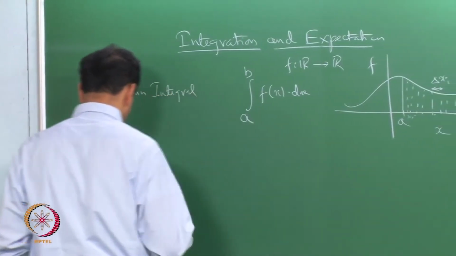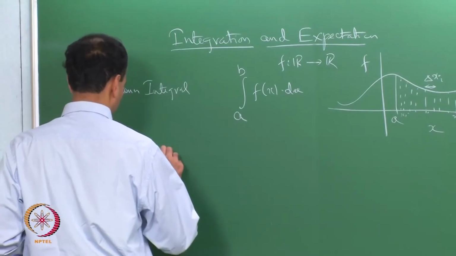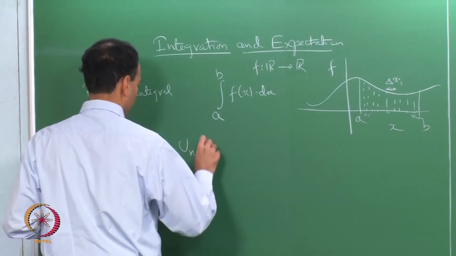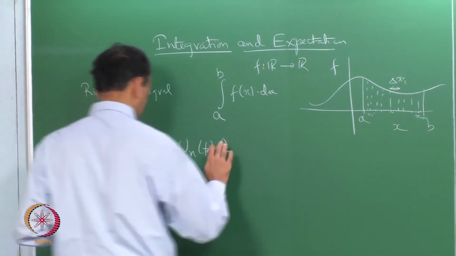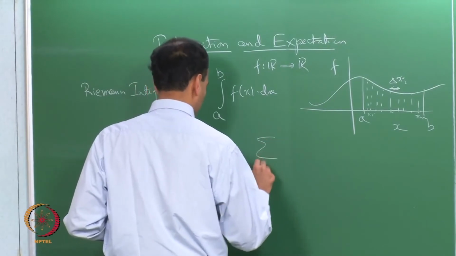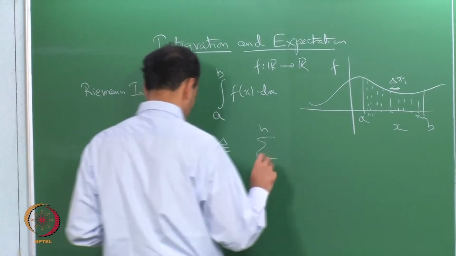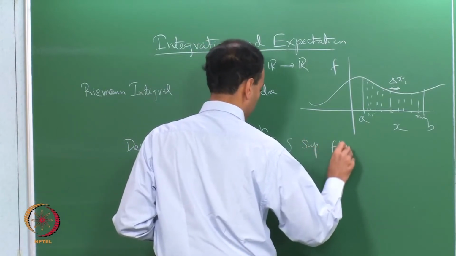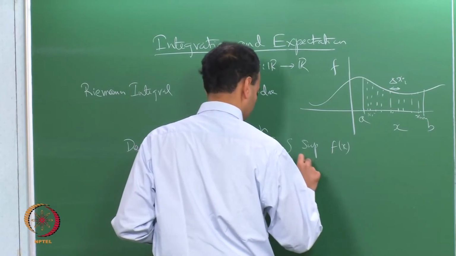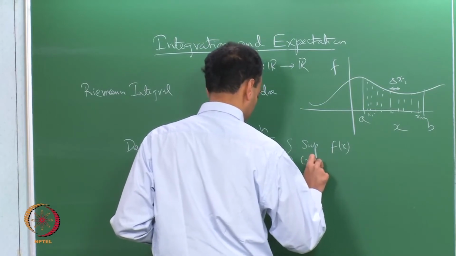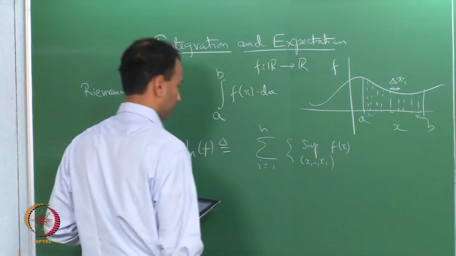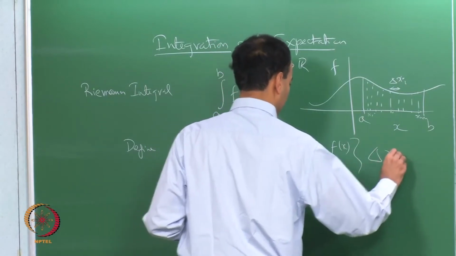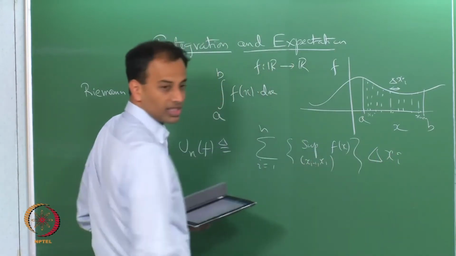So, you take the following, you define U n of f equal to the sum over i equals 1 to n of the supremum of f of x over this interval times delta x i, but delta x i is simply x i minus x i minus 1.